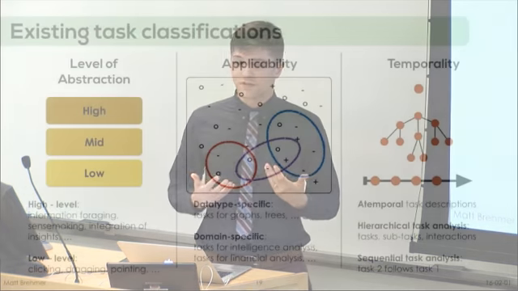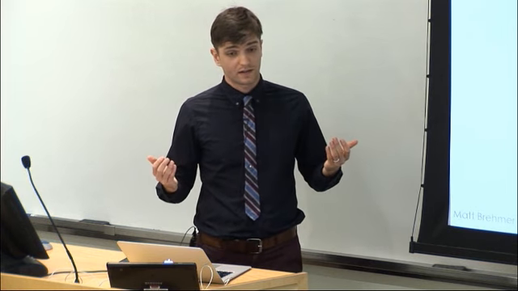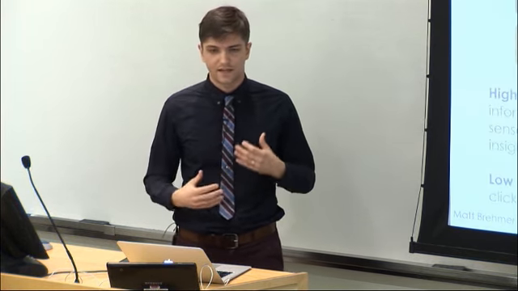Another motivation for this work is that there was a need for consensus. There's an abundance of related work in this area, just characterizing tasks, goals, processes, activities, interactions. And these are in the visualization literature, the HCI literature, visual analytics, cartography. But they tend to vary in a number of ways. The first is that these prior classifications of tasks vary in terms of the level of abstraction.